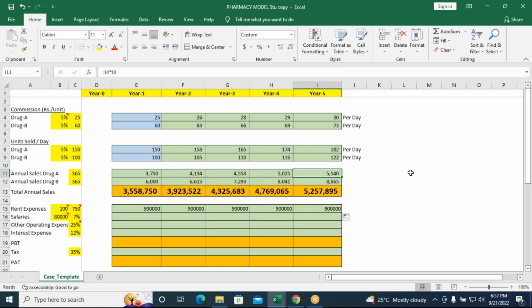What changes are you getting? So there must be some mistakes in this one. In drug A and drug B, check the units sold and the cost incurred, the price and the quantity, whether the values are matching. Ma'am, the row is showing 30 into 182, so it should be proper only, right?